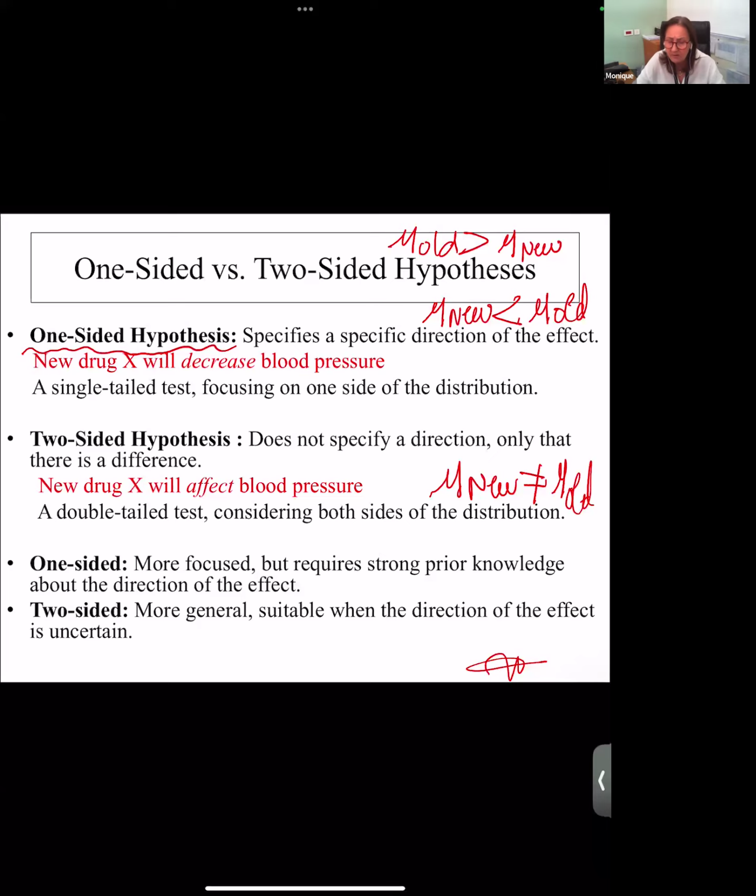However, the two-sided is more general, and you don't know exactly whether you're going to find the male to be larger than the female, etc. You just put a two-sided, and we call it two-sided or two-tailed, a double-tailed test. One-sided is a single-tailed test. We'll see it also graphically.